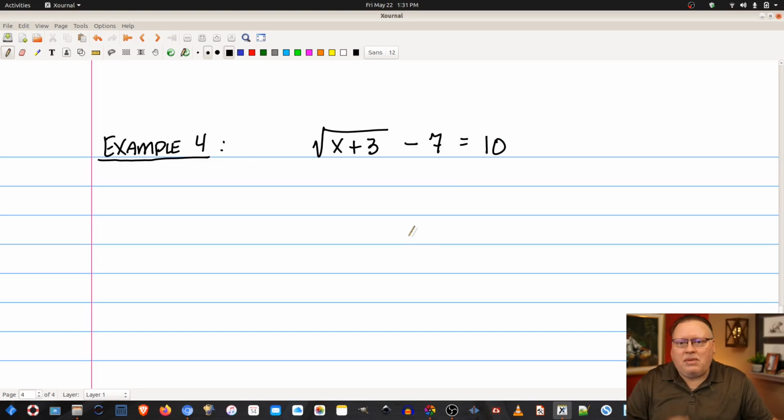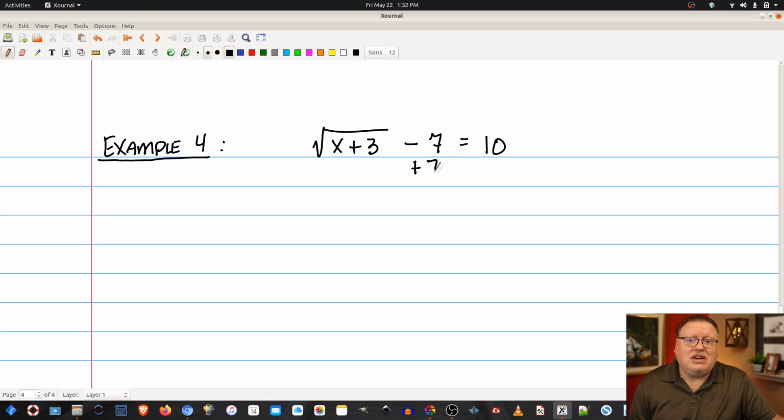So on this problem, again, I have a little bit more under my radical, but that doesn't change what we do to the problem. Even though this looks a little more complicated, it is actually the same basic problem that we just did. We're going to get rid of this 7 to isolate the radical. Remember, it's about procedure. We want to isolate the radical on one side of the equation by itself, and then I can square both sides to undo the radical. So we're going to do that here.